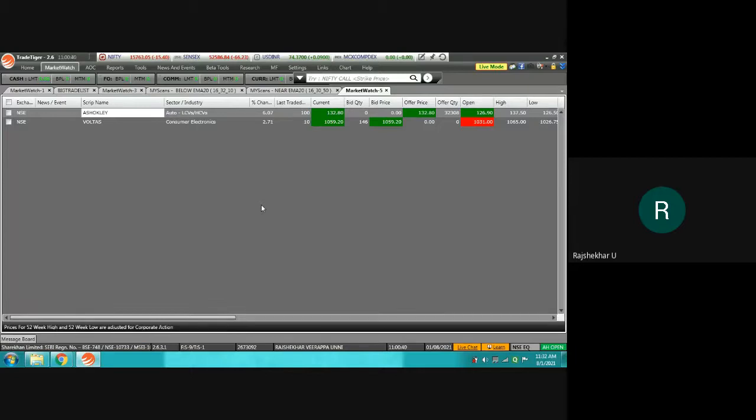When we are trading with proper knowledge and analysis, definitely our calls will not go wrong, meaning they will not go in the wrong direction. Even if they go, we can exit with a stop loss. So it is always recommended to trade with good reasons, good analysis.